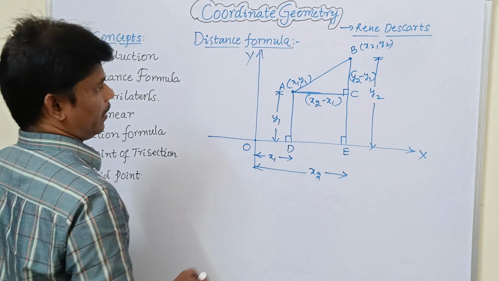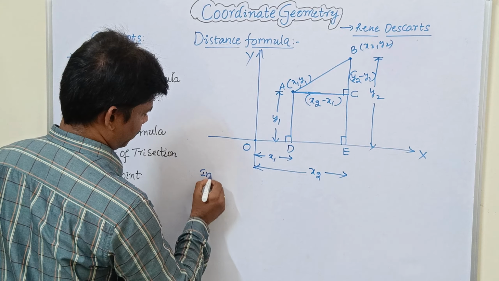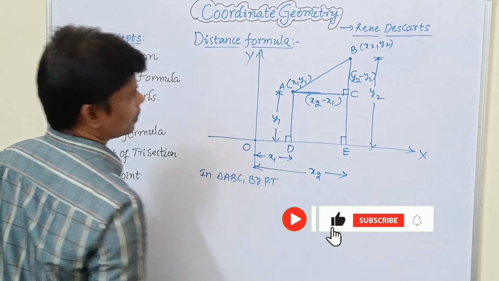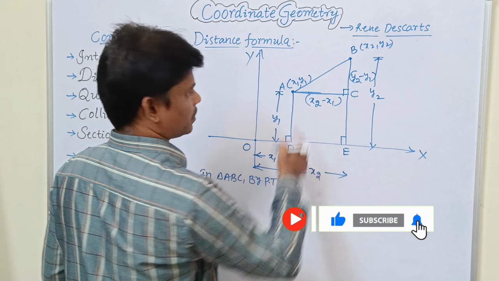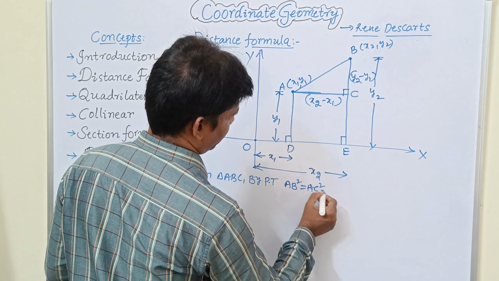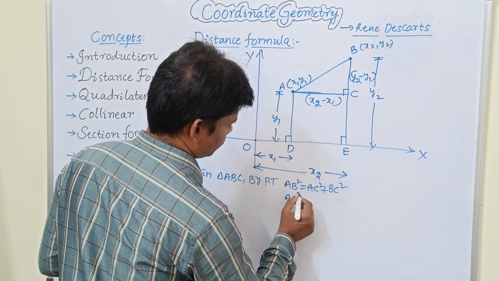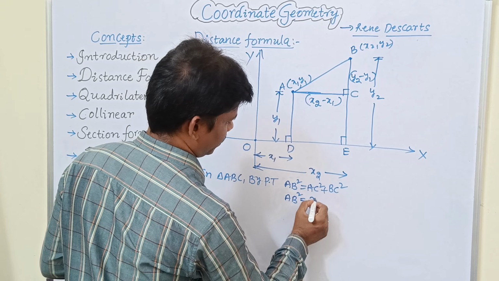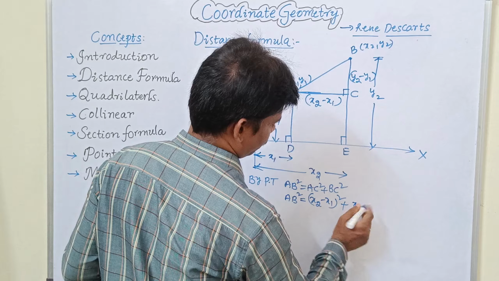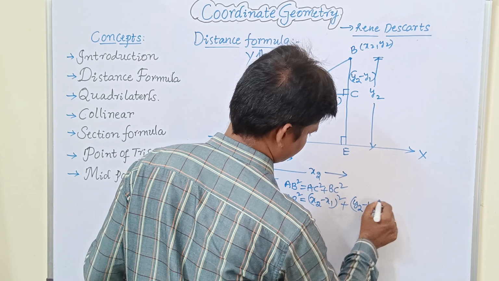Okay, so in the right angle triangle ABC, by Pythagoras' theorem, the hypotenuse, the side opposite the right angle, squared: AB square is equal to AC square plus BC square. AC is x2 minus x1 whole square, plus BC is y2 minus y1 whole square.